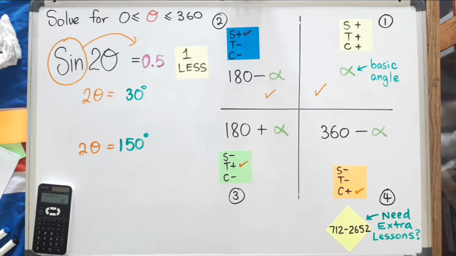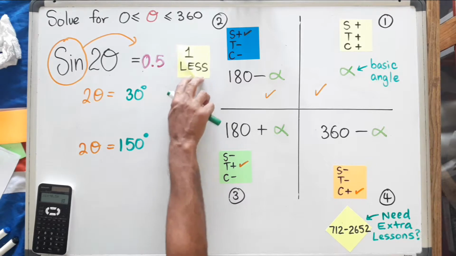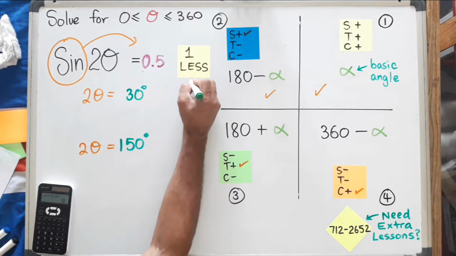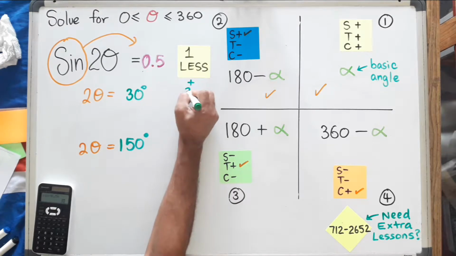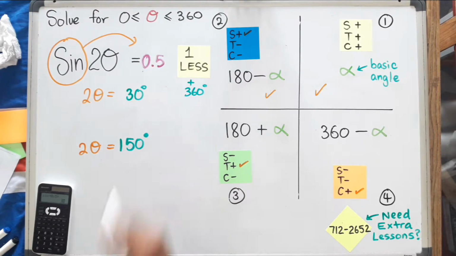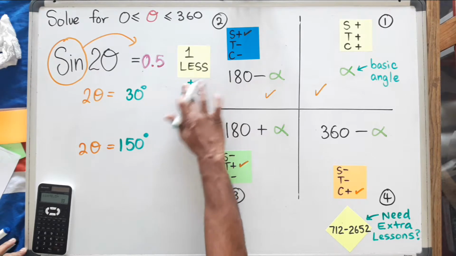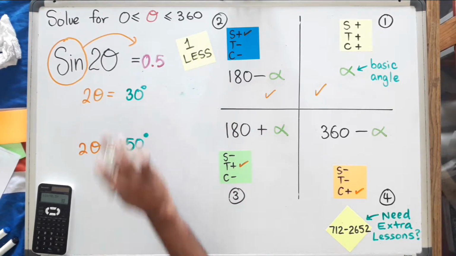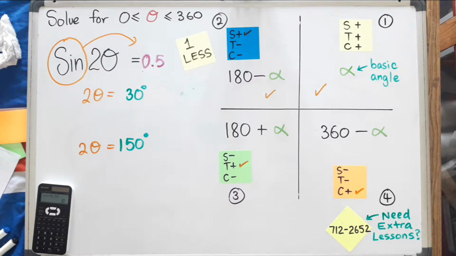Now here's the thing. Remember I told you something called the one less policy? The one less policy applies to how many times you have to add 360 degrees. So, we have 2 answers here waiting. We don't divide them by 2 as yet. Here's what you want to do.